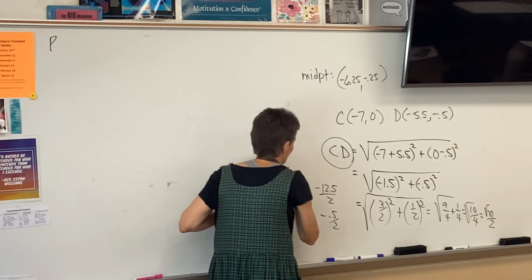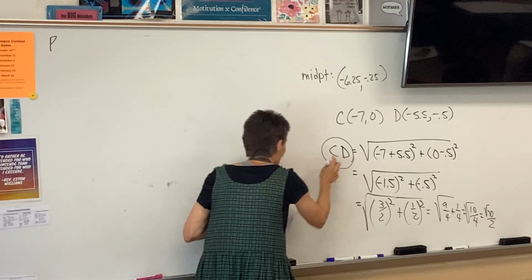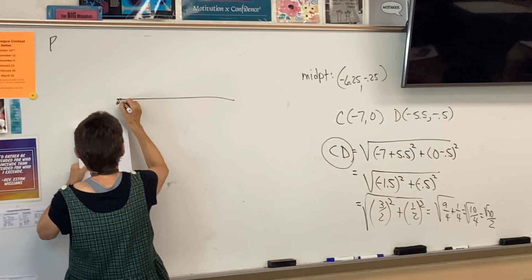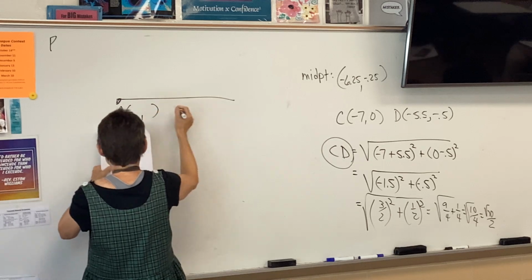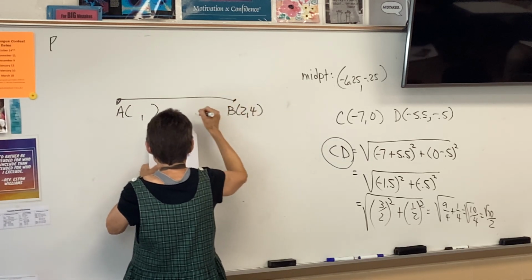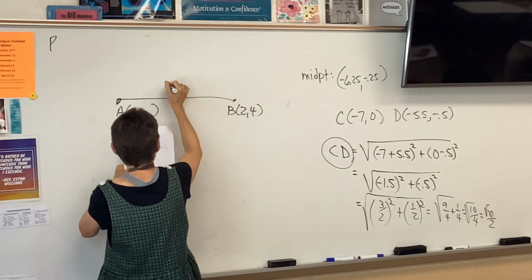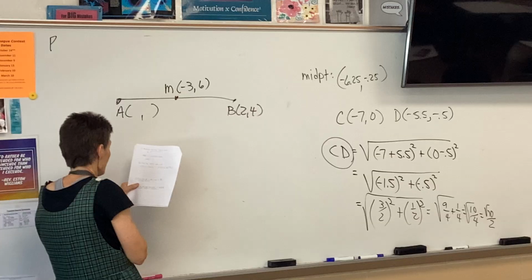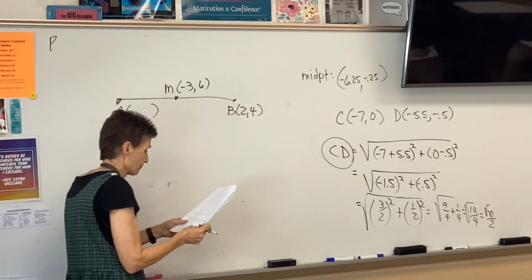That's the distance from C to D. That's what that notation means. All right, so what have I got? I've got point A, I don't know. Point B is (2, 4). And M, which is the midpoint, is (negative 3, 6). And I gotta figure this out.